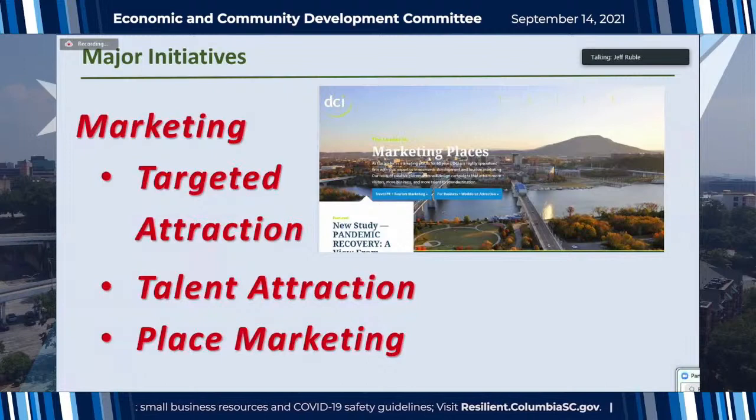The second area is talent. Central SC Alliance has been developing a portal. It's a talent portal. It's a way that we can go out to markets outside of Columbia and convince smart, talented young people to move to Columbia. So it's a great website, for lack of a better term, that helps them convince people that Columbia is the place they want to live.